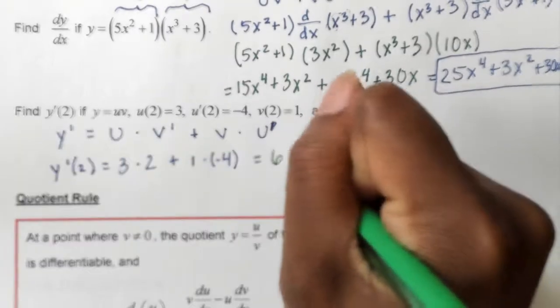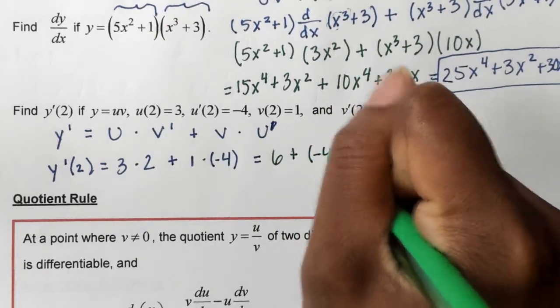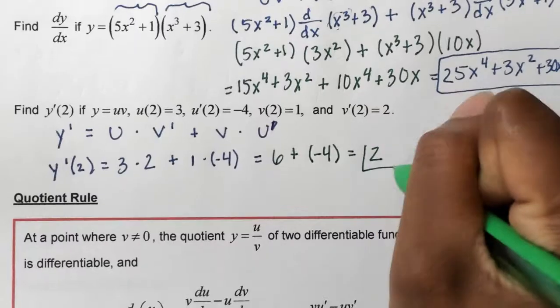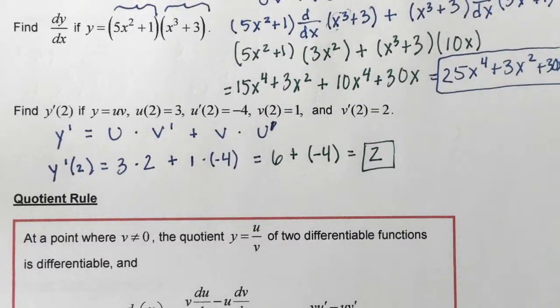So this all comes out to being 6 plus negative 4, which is 2. So y prime of 2 is 2 in this case.